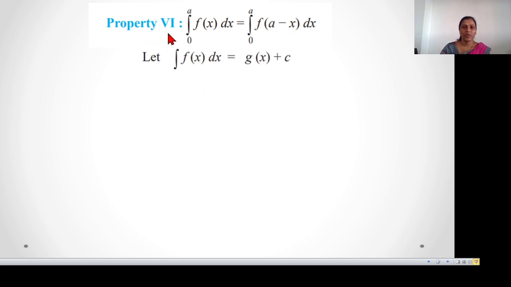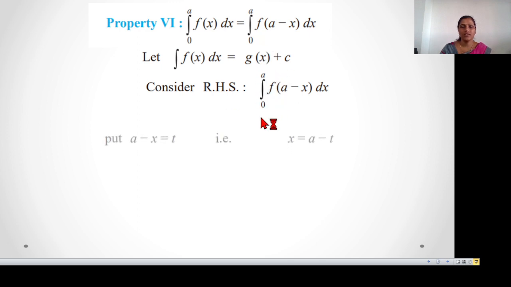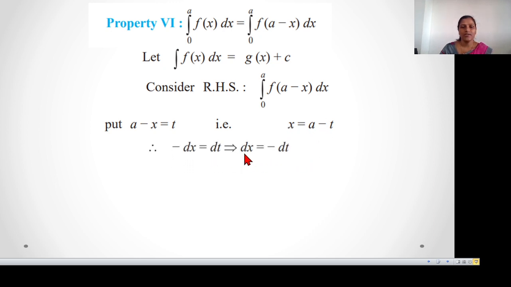Now we will prove this property. Let the integral of f of x dx be equal to g of x plus c. Now consider the RHS of this term as I, and here also we apply the substitution. We put a minus x equal to t, then x is equal to a minus t, and dx is equal to minus dt.